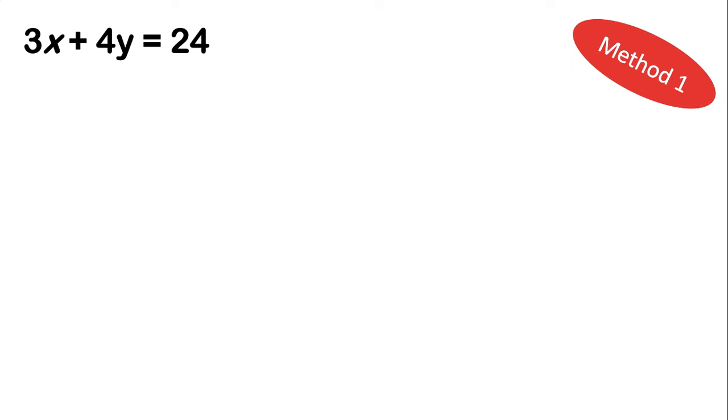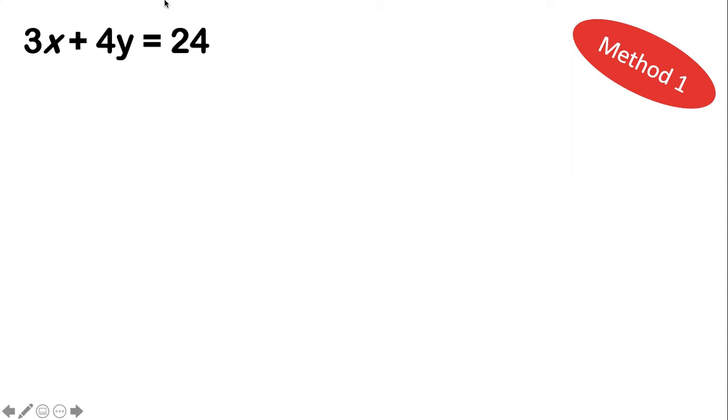Okay, so this video is all about when you get x and y on the same side of the equation: something x plus something y equals a number. One way to do this would be to rearrange it so that it looks like the familiar y equals mx plus c.